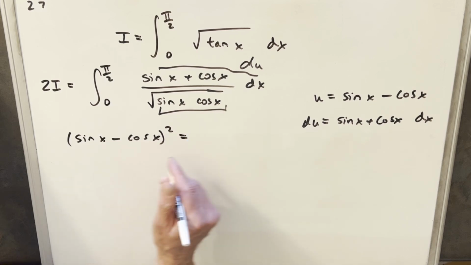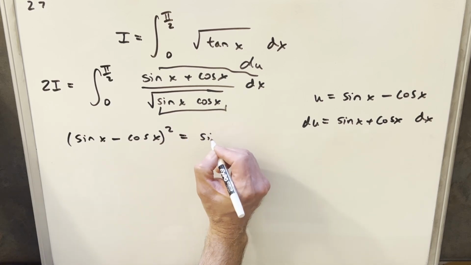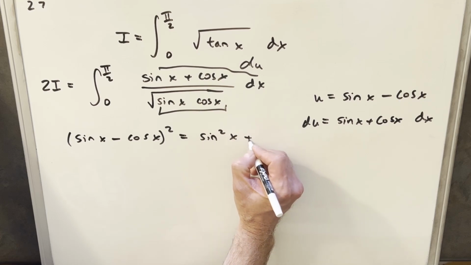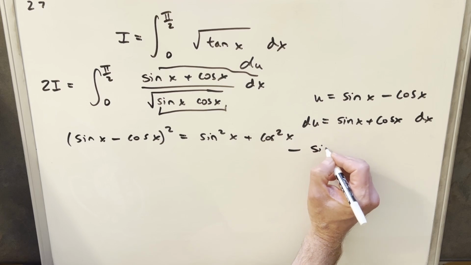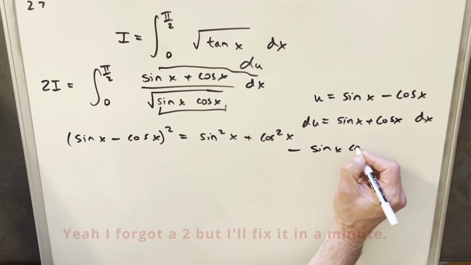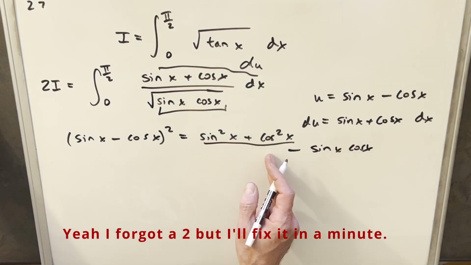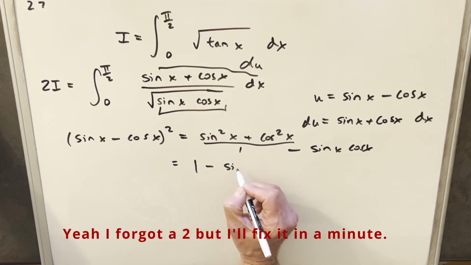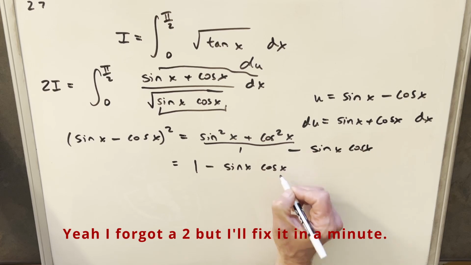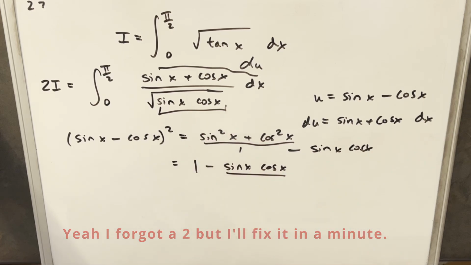When we do that, we get a little bit of magic because we get sine squared x plus cosine squared x minus sine x cos x. Because sine squared x plus cosine squared x is just 1, we can rewrite this as 1 minus sine x cos x, which is the thing we want to focus on here.